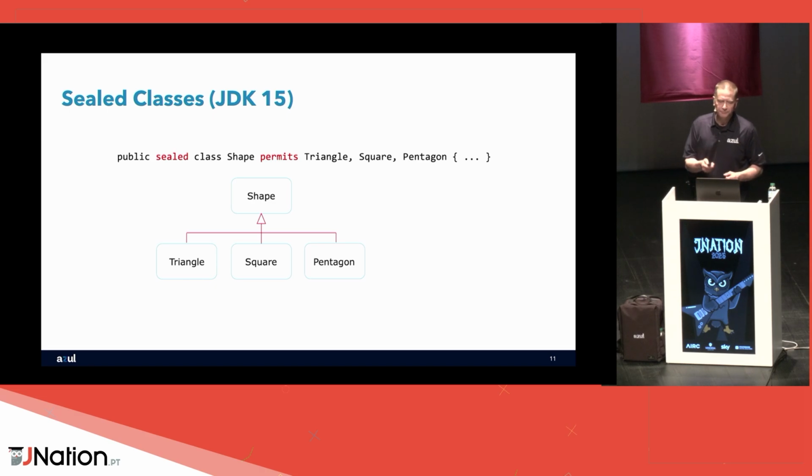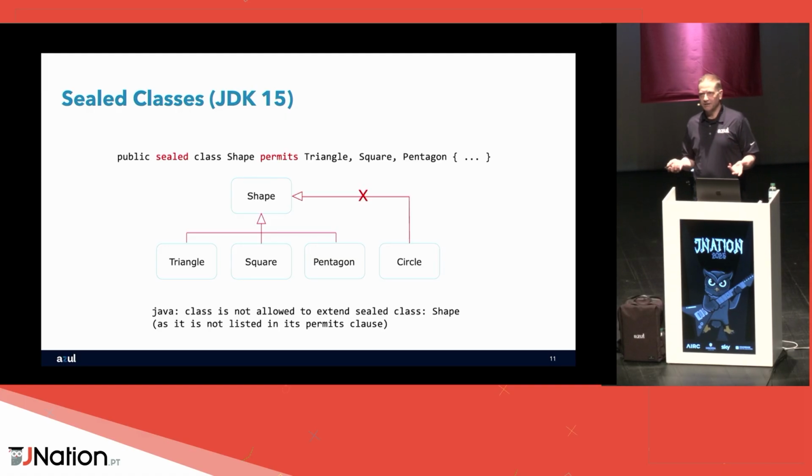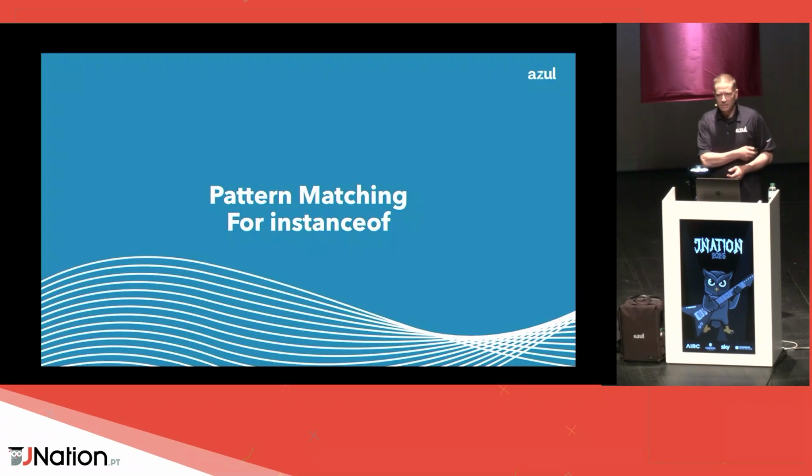So this is all good. If somebody comes along and says, ooh, I like that shape class, I want to inherit from it and make a circle, the compiler is going to reject it. It'll simply tell you that you can't extend a sealed class because the class you're trying to create is not listed in the permits clause. Right, so let's get on to the pattern matching side of things.